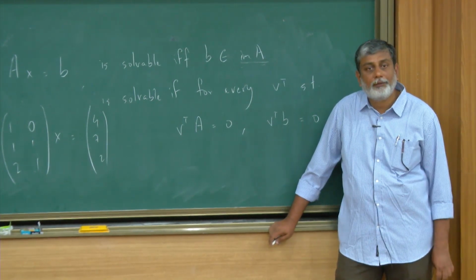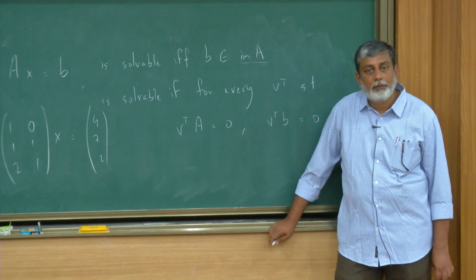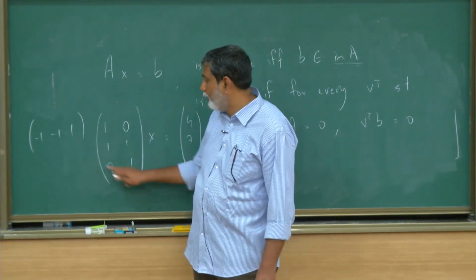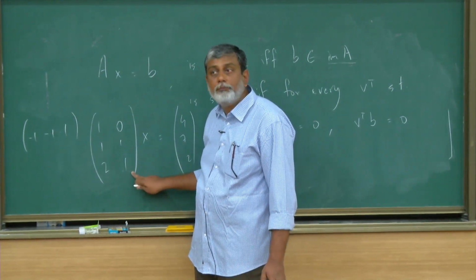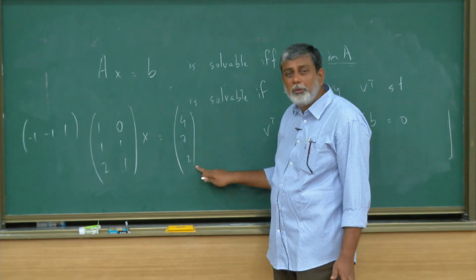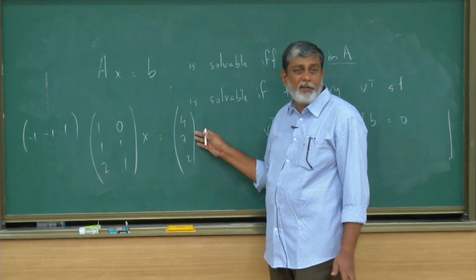Minus 1, minus 1, 1, acting on this is 0, and that acting on this is 0. That acting on 472 is not 0, so you can't find a solution for this.